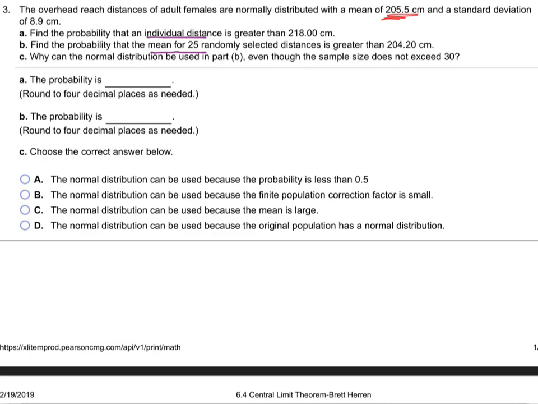We have a mean and a standard deviation, and we want greater than 218. If you want to draw a bell curve, that might help you. What's the middle? 205.5.